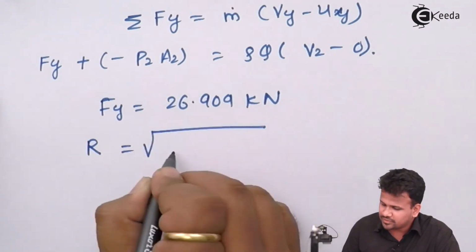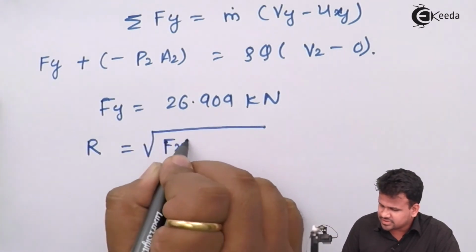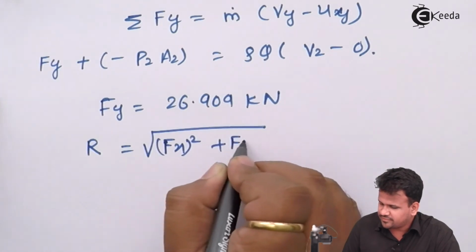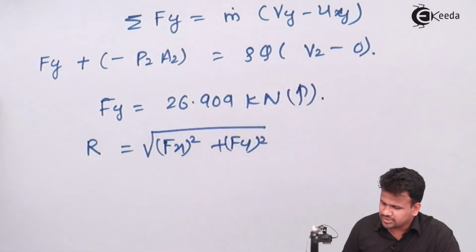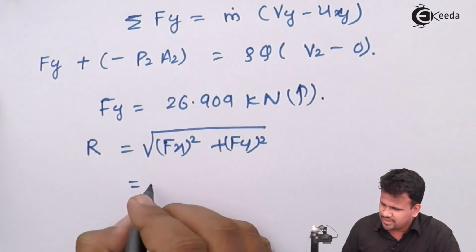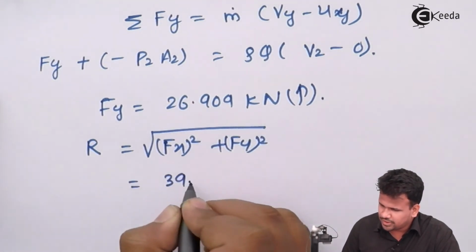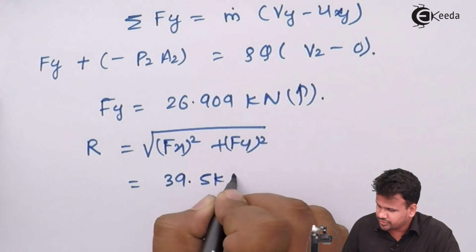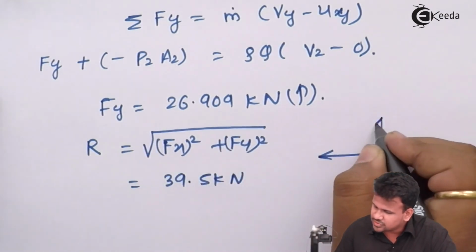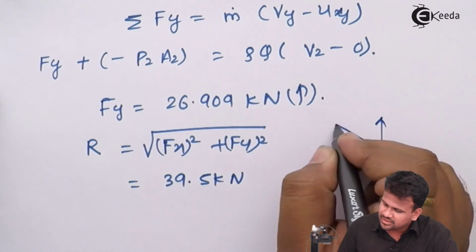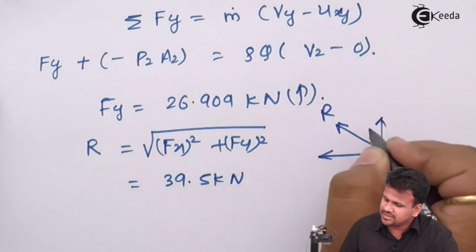Now let us calculate the resultant. Resultant will be square root of Fx square plus Fy square. Note that Fy will be positive, hence it is going upwards. This will give us 39.5 kilonewton. If we draw this, this will be towards left and this is going upwards. So the resultant force is acting in the second quadrant.